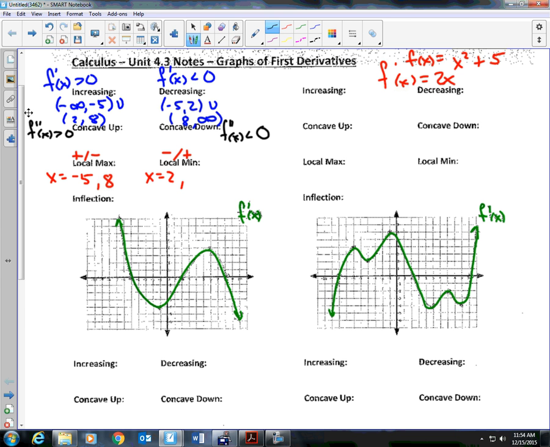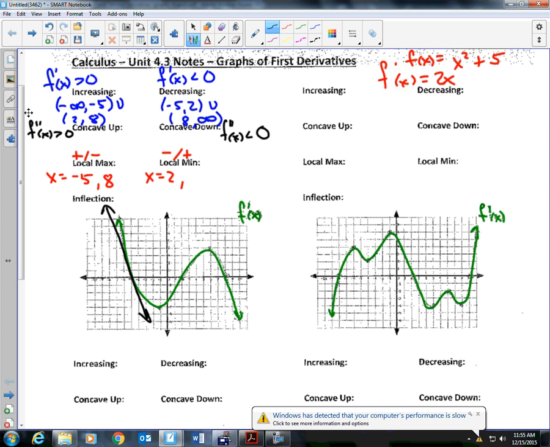What would I do to show f double prime? What would I sketch on here? How do I sketch the derivative on here? Whenever you see a curve and you want to draw the derivative at a point, you draw a tangent line. So this line right here represents the second derivative, the derivative of the first derivative.